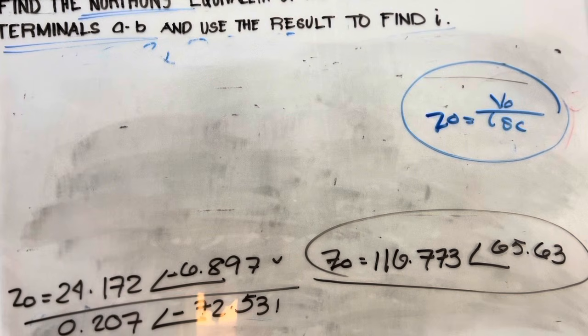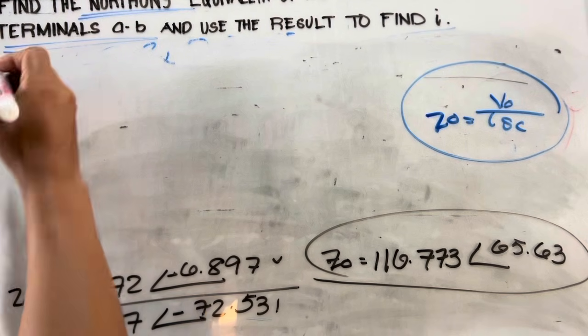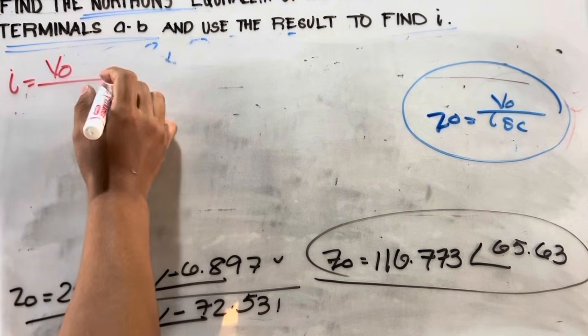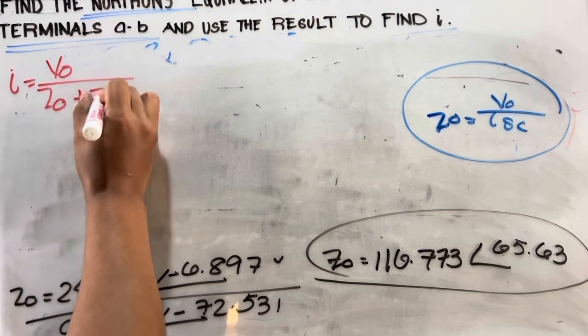We will now use the formula again, formula I. To get our I, we will use I is equivalent to V's of O all over Z0 plus Z1.